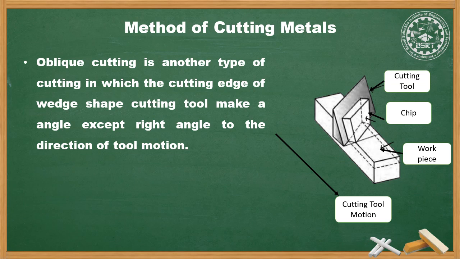In oblique cutting, there is an addition of one more force, so this system is not represented on 2D coordinates. It is represented on 3D coordinates and is also known as 3D cutting. The forces observed are the cutting force, the thrust force and the radial force.